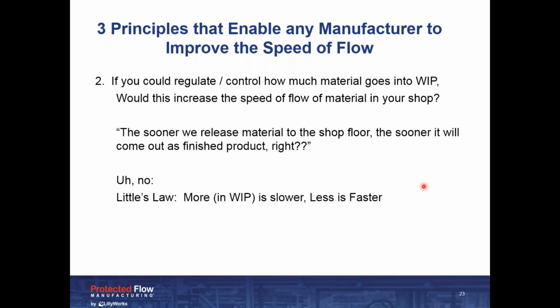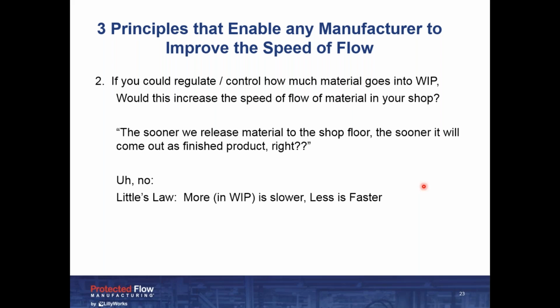We don't want to send out too little. We don't want to send out too much though either. Okay. And one of the big reasons people send too much out is they don't have the visibility of the right time to start a job. So if you think about it, if I were in production and I couldn't see, or I didn't know objectively when the right time to start a job is, then I'm probably going to send material out early, maybe really early, just to cover my butt, right?